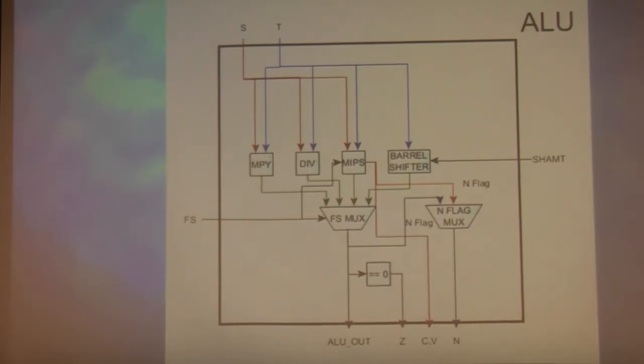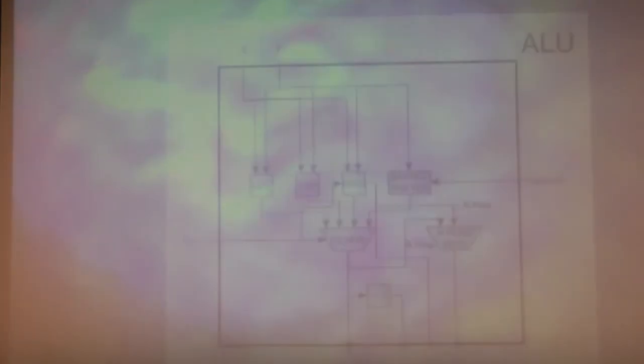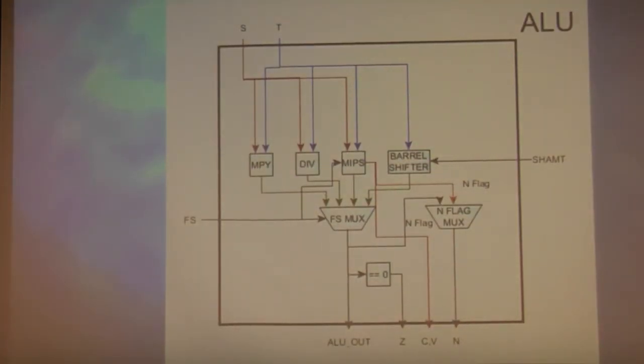That's why we have the N flag mux. Can you go back to that, Nick, while we're in the flow of that? Yeah. So that's the same ALU that's instantiated 4 times in the SIMD? Yes, and so then you've got 4 sets of flags? The flags are unused for SIMD. Okay.